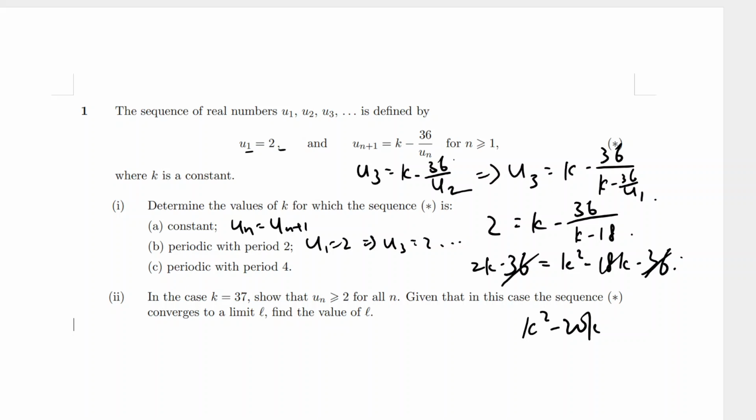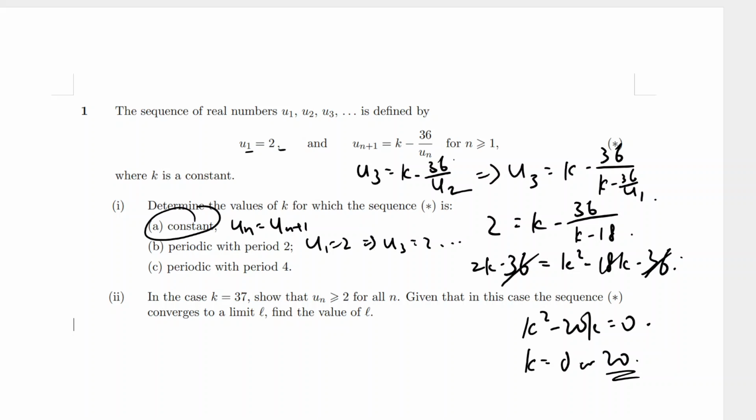Okay, so now you gotta take care. k is either 0 or 20. Okay, so we get a solution which is also a constant function. Would that be as we expect?